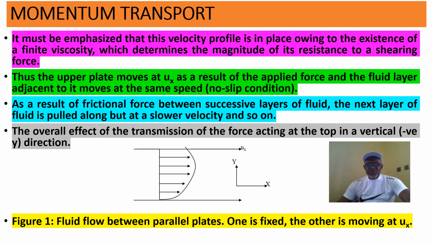Thus, the upper plate moves at ux as a result of the applied force. We've said that, no-slip condition. As a result of frictional force between successive layers of fluid, the next layer of fluid is pulled along, but at a slower velocity and so on. So we'll have that profile. The overall effect is the velocity profile we have there.